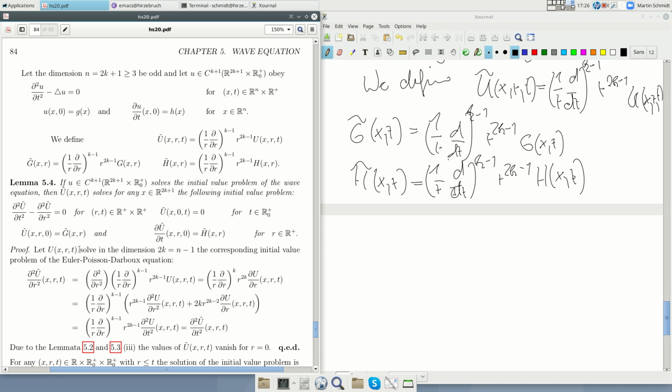This is exactly this initial value problem which we solved at the end of the first section. So we see again we arrive at the same initial value problem which we already used in dimension 3.